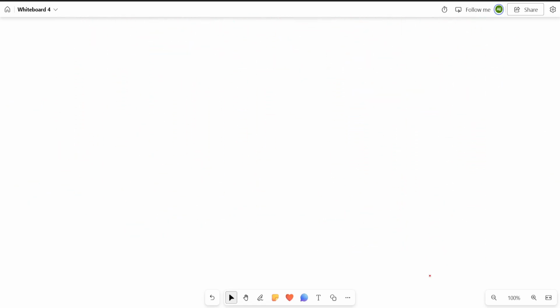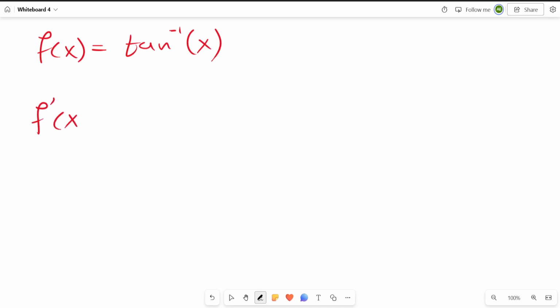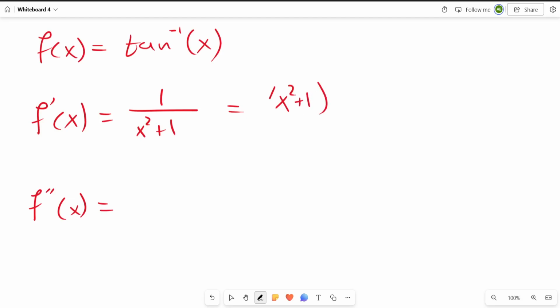Let's say that we have a function f of x equals arctan, or tan to the power negative 1, of x. I know that the first derivative of arctan of x is equal to 1 over x squared plus 1. So the second derivative: I can rewrite this as x squared plus 1 to the power negative 1, and I can use the chain rule.